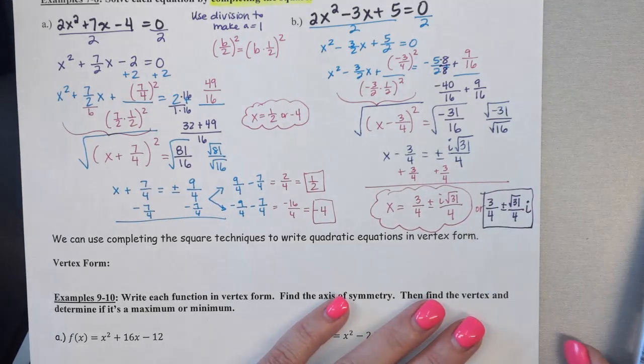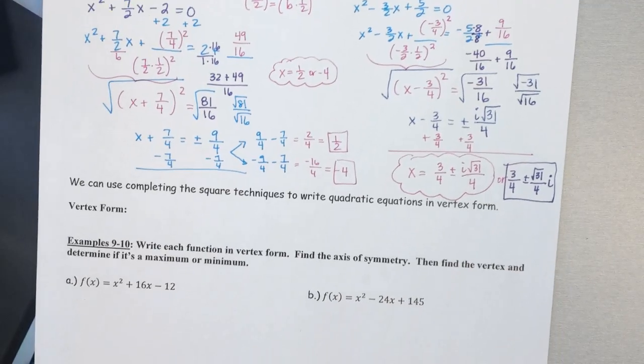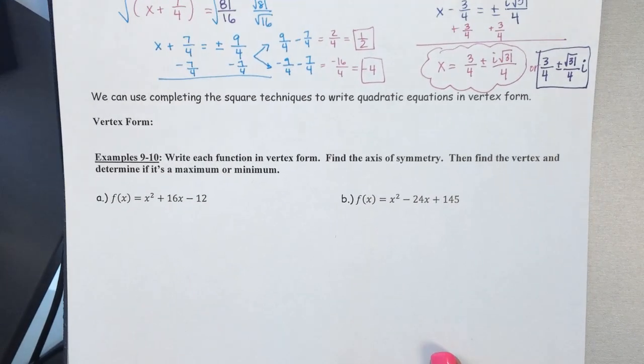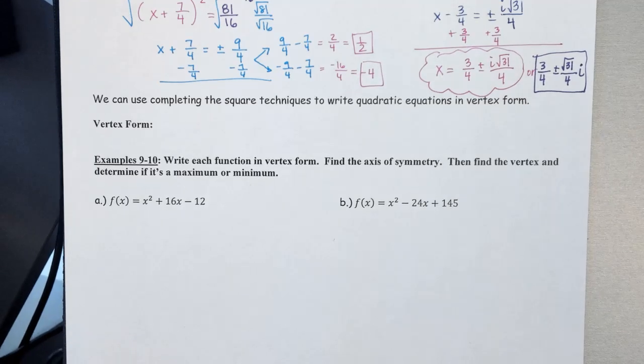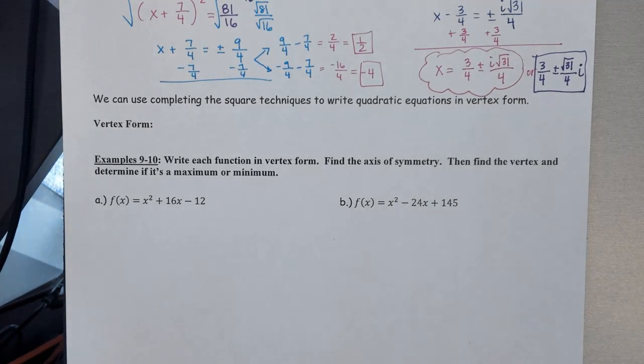So either one of those forms are fine. Just make sure you don't put the I underneath the radical there. All right, so that's a continuation of what we did last week.